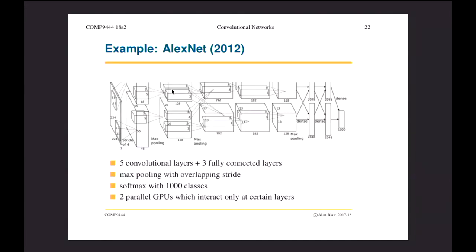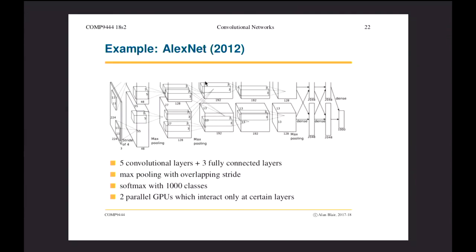This is a picture of the architecture. It's the same principles, but the numbers have just been scaled up. We have 5 convolutional layers and then 3 fully connected layers, and there's max pooling. At the end, there's softmax, but remember, it's softmax with 1,000 categories instead of 10.